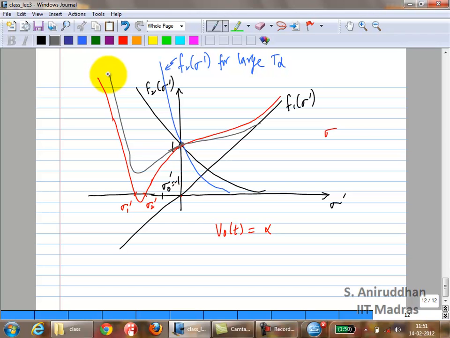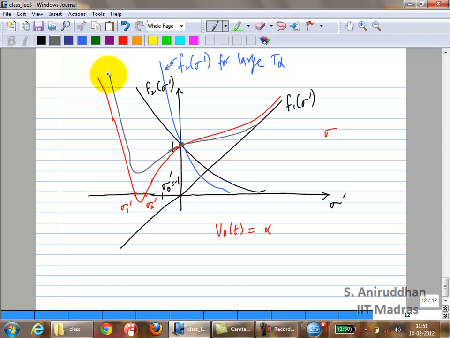What solution will this give for sigma? There is obviously no real solution. There will be complex solutions, which means oscillations. You will have a sinusoidal component. When you try to solve for sigma for very large TD, you will also get a sinusoidal component. That is the second solution.